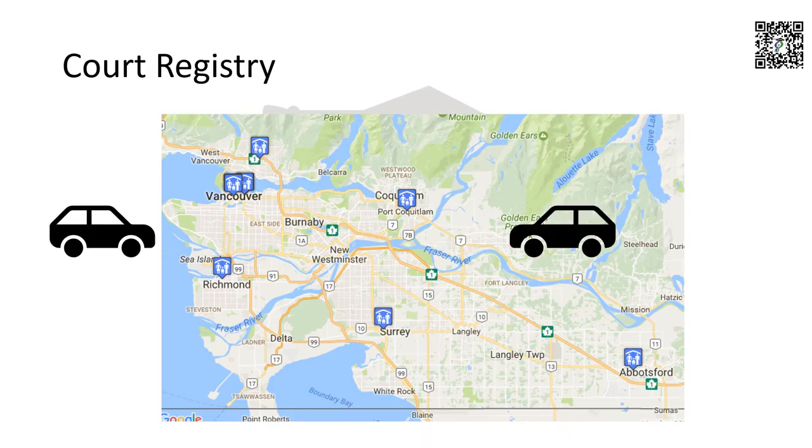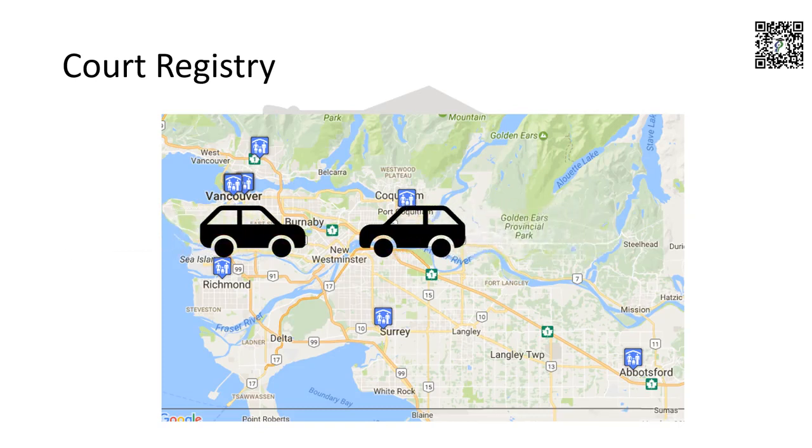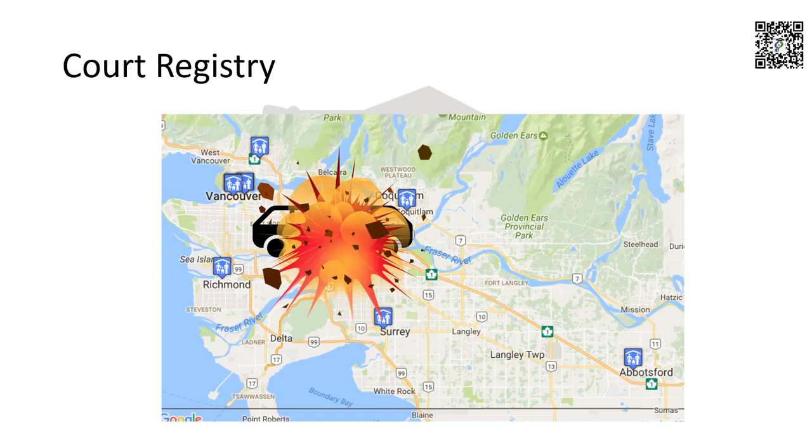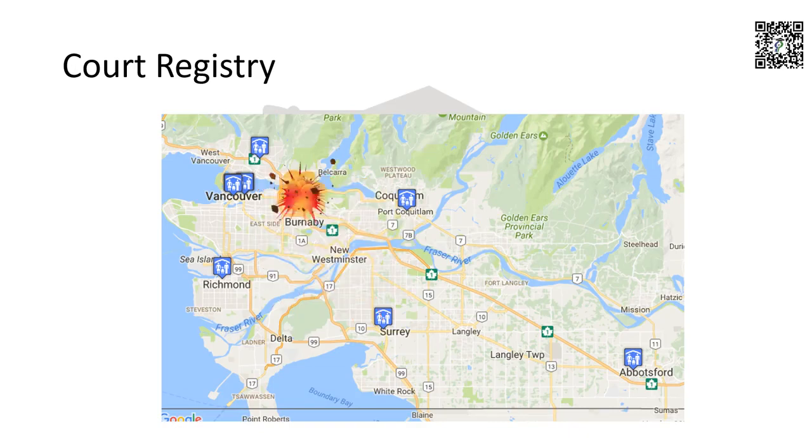Supposedly, let's say today I drive my car and someone hits me. They hit me in the city of Burnaby. Now, where can I file my small claims? Be aware that in Burnaby, assuming it has no registry, then where can I file?